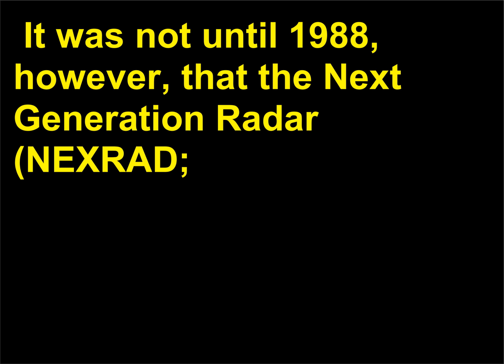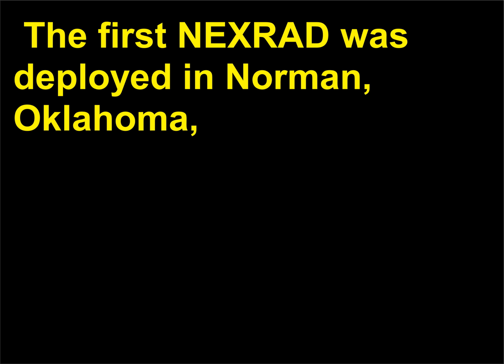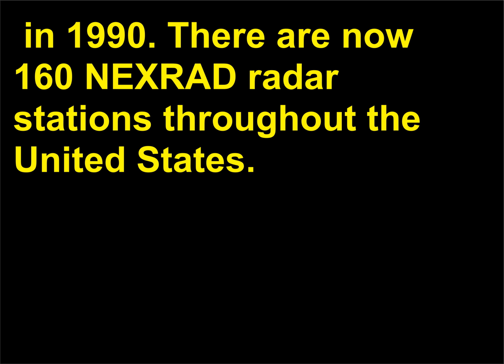It was not until 1988, however, that the next generation radar, NEXRAD, also called WSR-88D, were built using the newer Doppler technology. The first NEXRAD was deployed in Norman, Oklahoma, in 1990. There are now 160 NEXRAD radar stations throughout the United States.